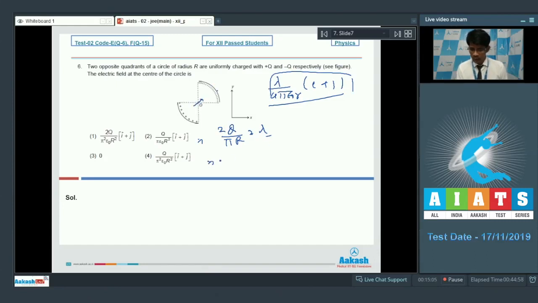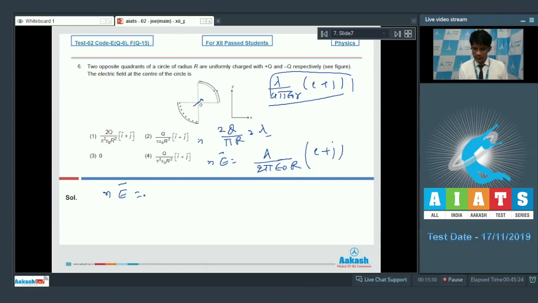Effectively, the total electric field is lambda divided by 2 pi epsilon naught r, into (i plus j). It is 2 simply because I multiplied this portion by 2 because of the contribution from these two plus and minus charges. That will be my answer here.